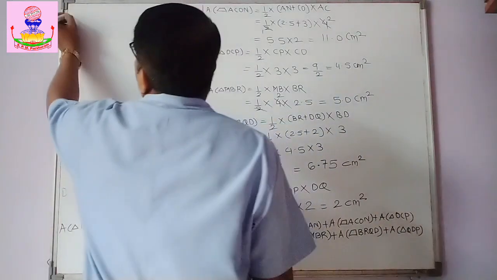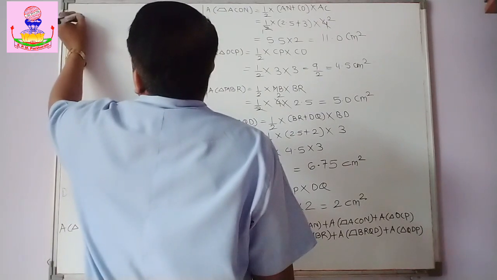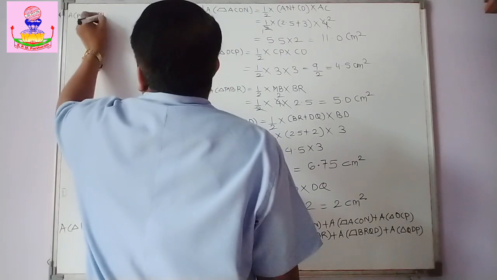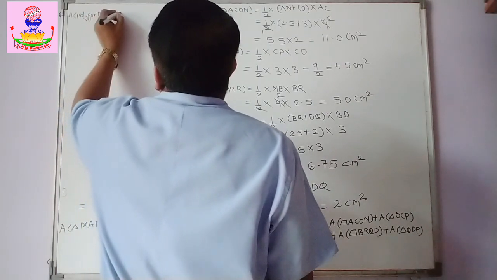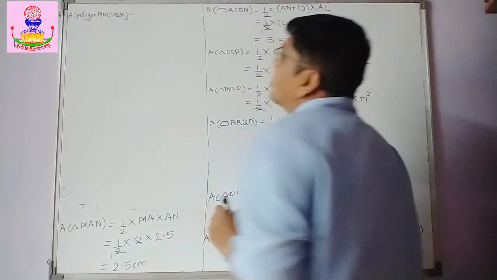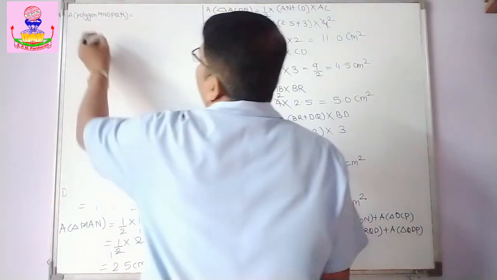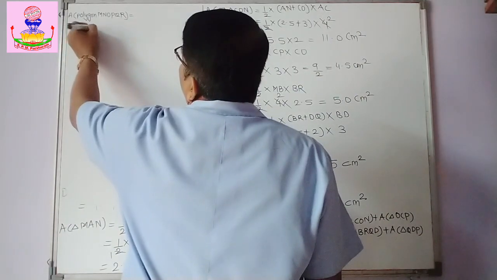So area of polygon MNOPQR equals to area of triangle MAN. What is it? 2.5. I'm writing here down.